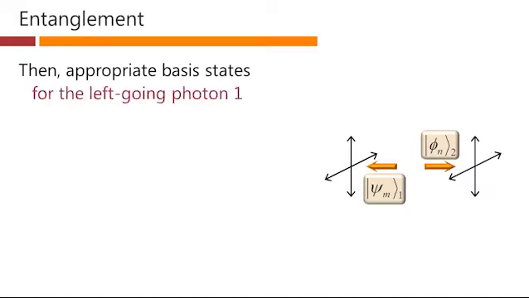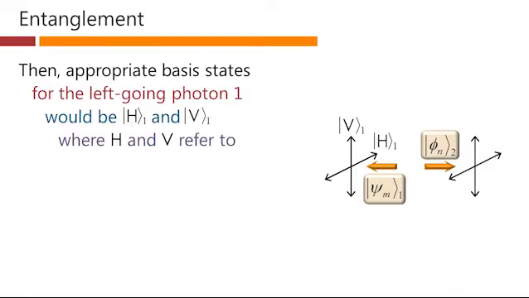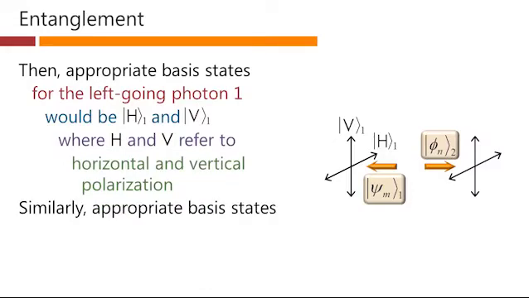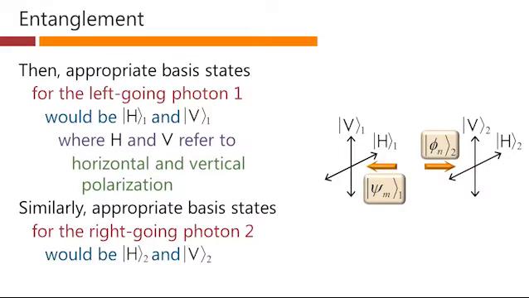Then, appropriate basis states for the left-going photon 1 would be horizontal 1 and vertical 1. And similarly, appropriate basis states for the right-going photon 2 would be horizontal 2 and vertical 2.